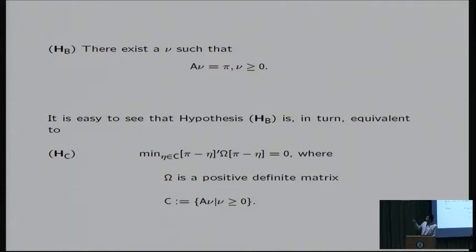So now it says that A nu is equal to pi. If there exists a non-negative vector nu such that this relationship holds, then pi is rationalizable.